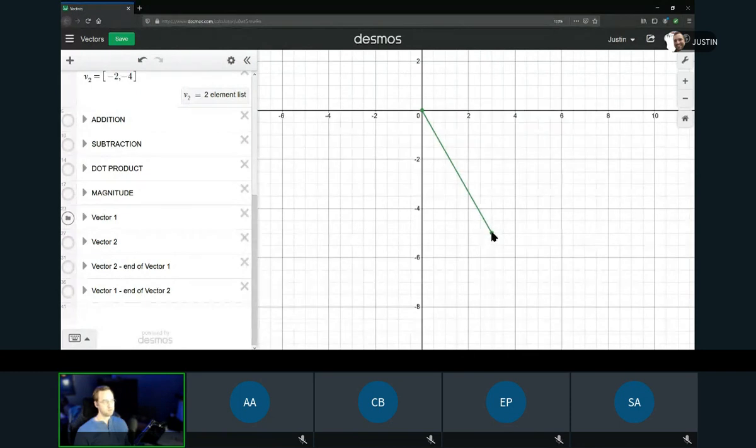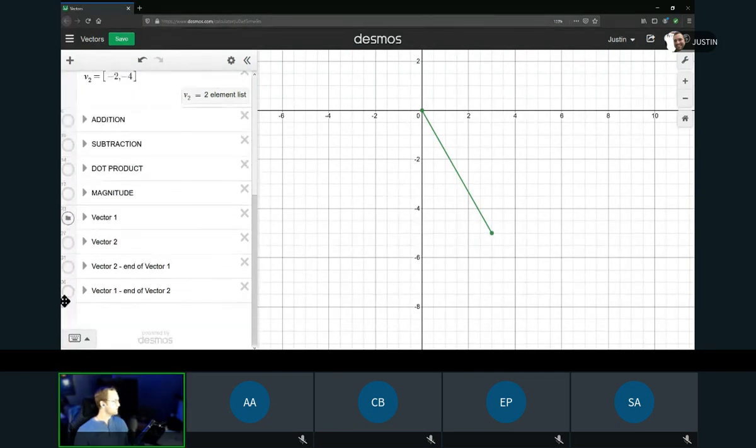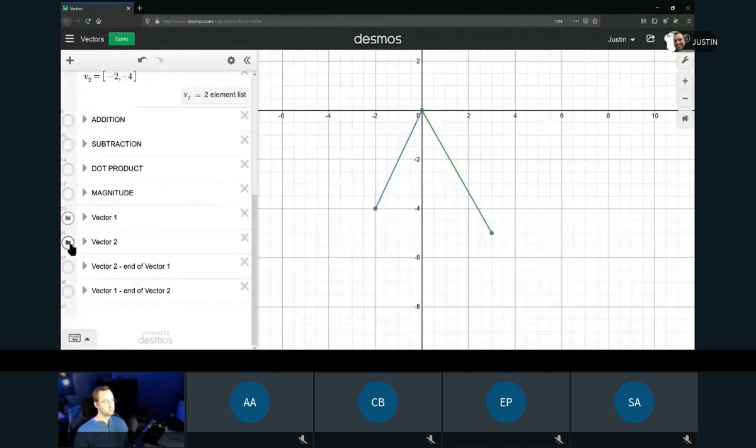Everyone agree with this vector where I have it plotted? Yep. One person responded. Emily, thank you. All right. The second vector is at -2, -4. Let me just turn that on. All right. So there's that vector.